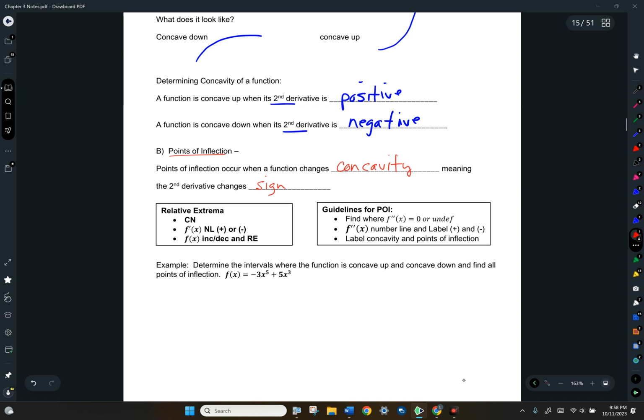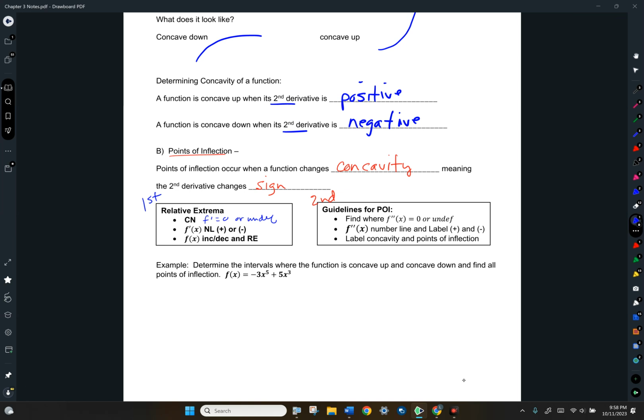Okay, so what I've done here is put side by side the information we did from the first derivative compared to the information we're doing from the second derivative. For the first derivative, we said find the critical numbers, which are when the derivative is 0 or undefined.